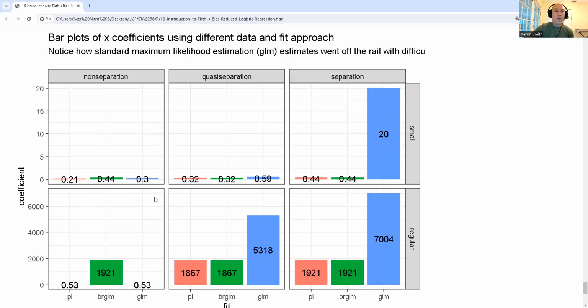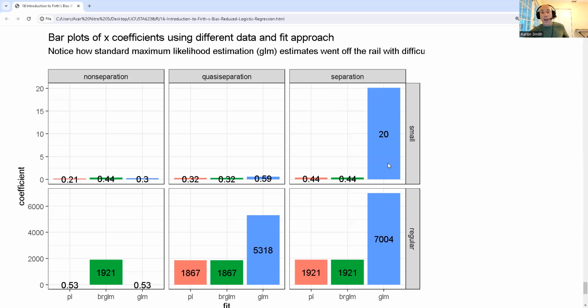All right, so now, see if I can fit everything. Yep. Okay, so remember I've got small data set, big data set. And I have separation, quasi-separation, and non-separation. Separation is the extreme situation where, if I know the X, I exactly know the Y value.